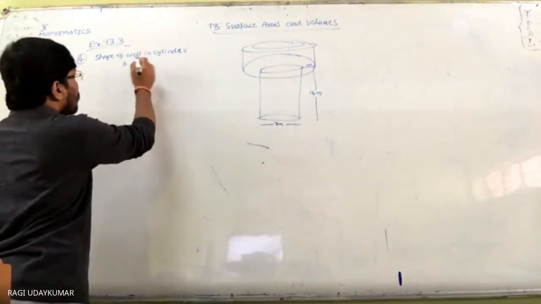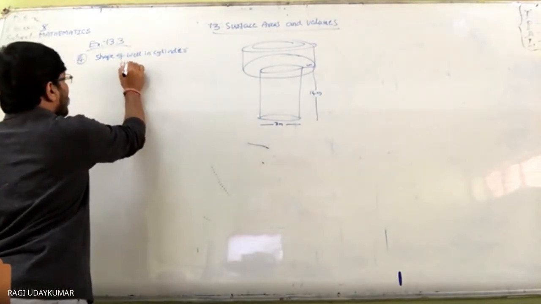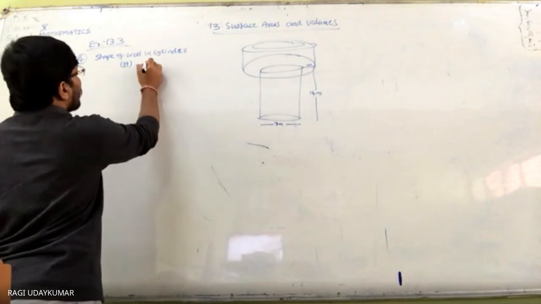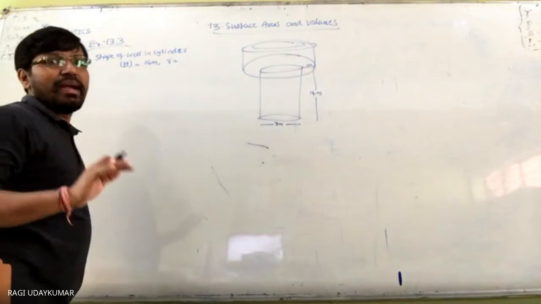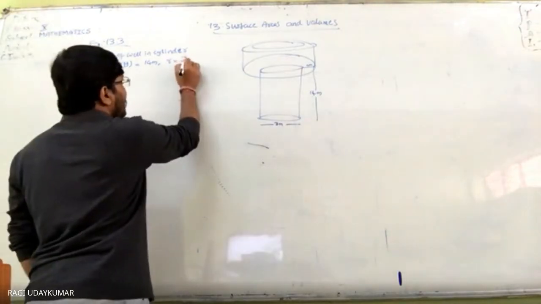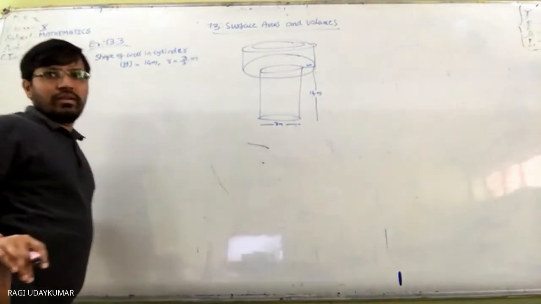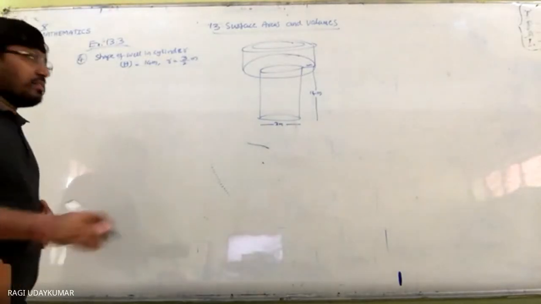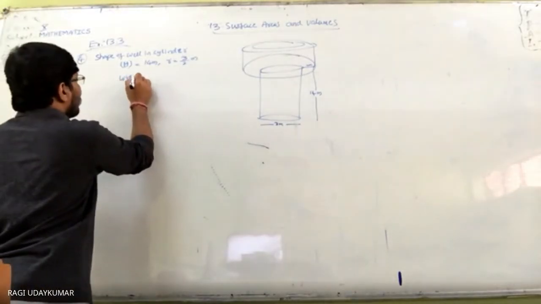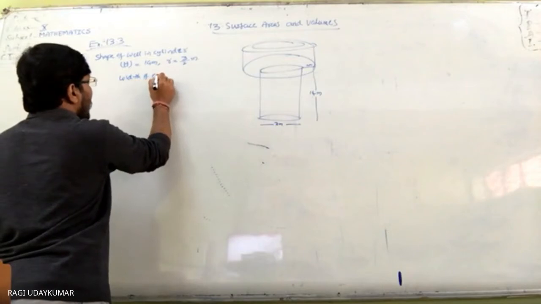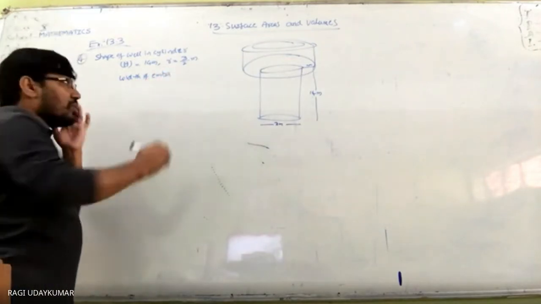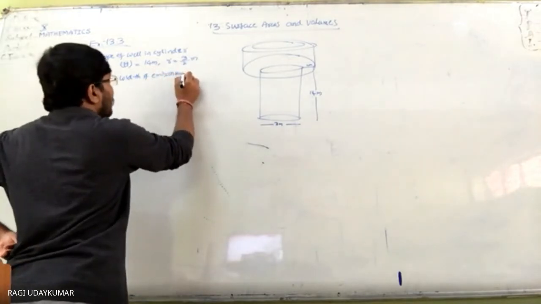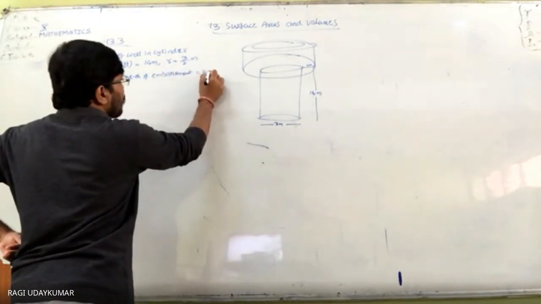Let us consider it as capital H. H is equal to 14 meters and the radius R is equal to 3 by 2 meters. And the width of the embankment is given to you as 4 meters.